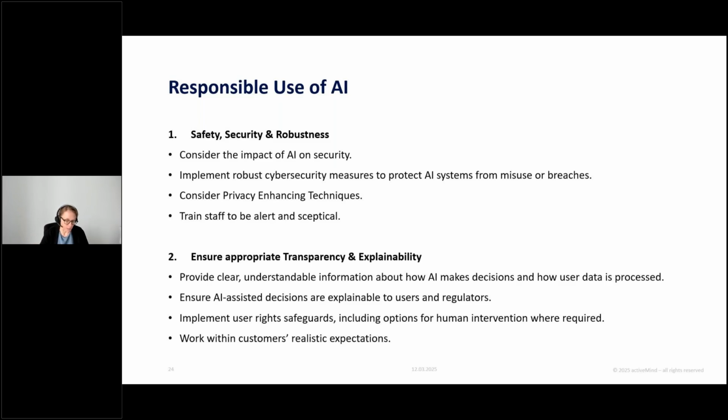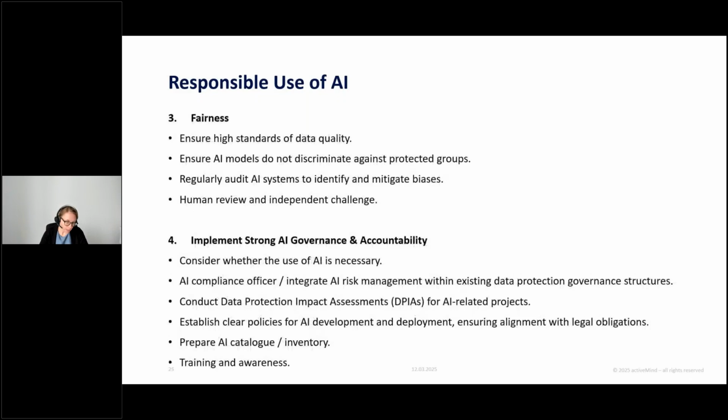Let's move to the third principle. The third principle is on fairness. Ensure that you really use a high standard of data quality in order to minimize bias. The AI models should not discriminate against protected groups, for example, children, the elderly, etc. Conduct regular audits of your AI systems.